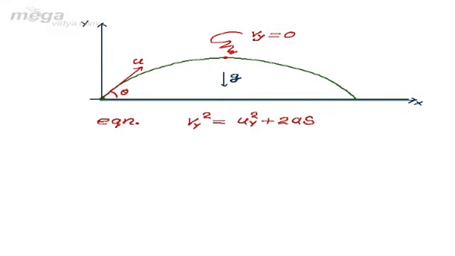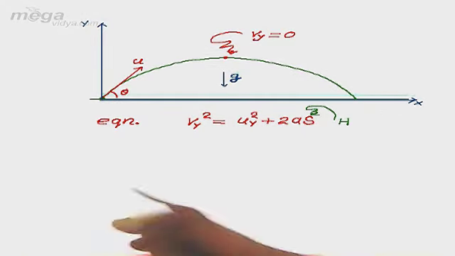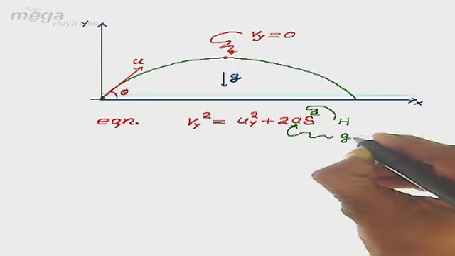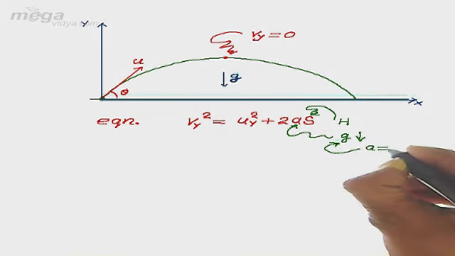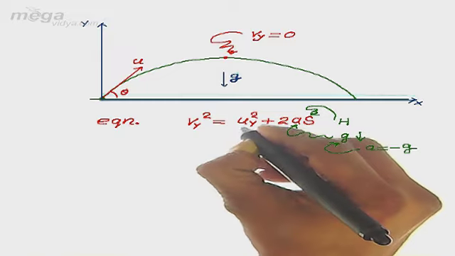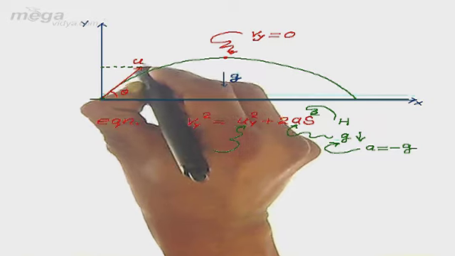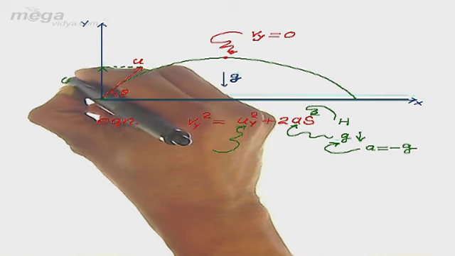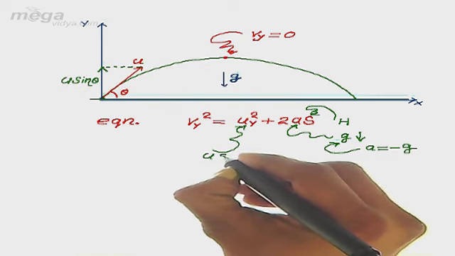Here, to calculate the maximum height, we will utilize this equation in which the displacement will be considered as h. Acceleration a is g vertically downward, so I will put it to be minus g. And obviously the initial velocity in y direction, which is the y component of its velocity of projection, has the value u sine theta. So I will put Uy to be u sine theta.